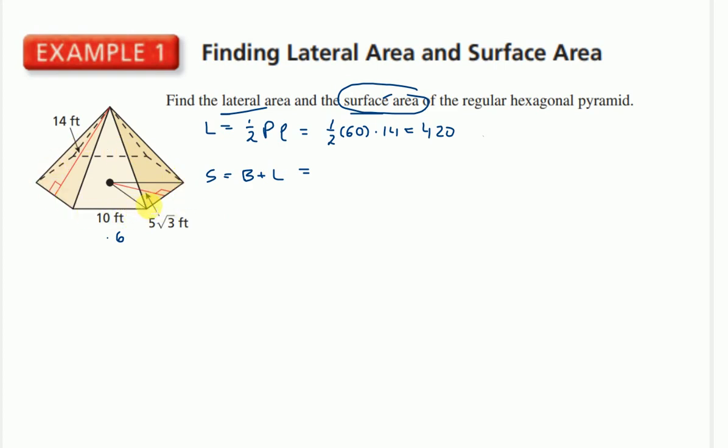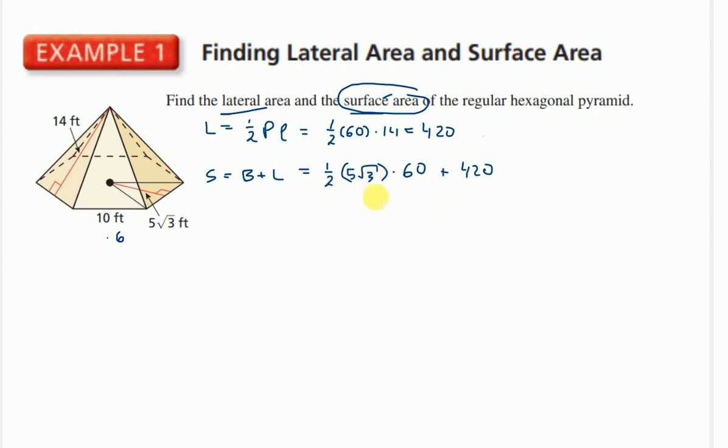So we want to find 1/2 the apothem times the perimeter. 1/2 the apothem, half of 5 radical 3, and then times the perimeter, which is 60, and then we have to add the 420 that we found up here to it, plus 420.